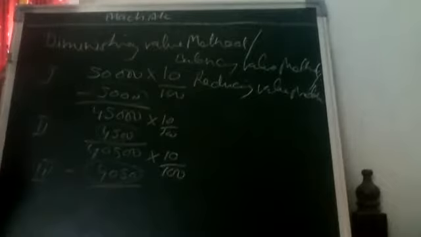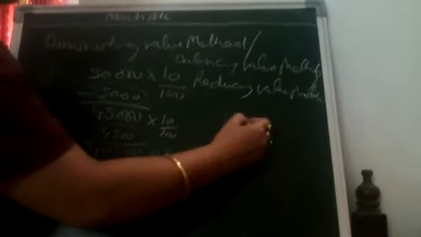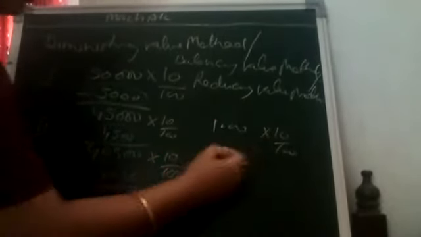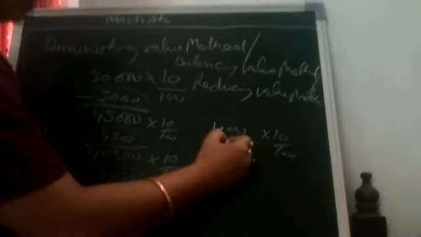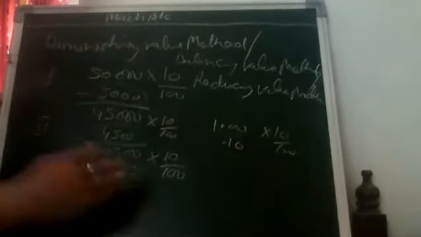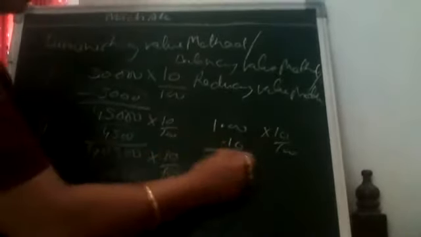Another thing is, suppose at the end, after your machinery's value is reduced again and again, suppose your machinery's value remains 1 rupee, still it will be like this. Depreciation will never become zero and the value of the machine will never become zero.